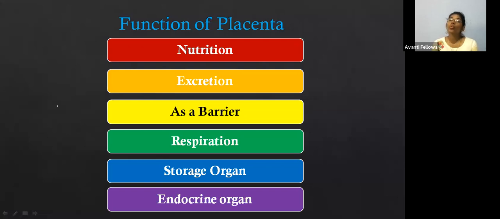If we store those stem cells for the future, and any organ gets damaged or is dysfunctional, then with the help of that stem cell we can grow a new organ and introduce that organ to that human, right? That is what the stem cell is. So, the placenta is also a storage and endocrine organ.